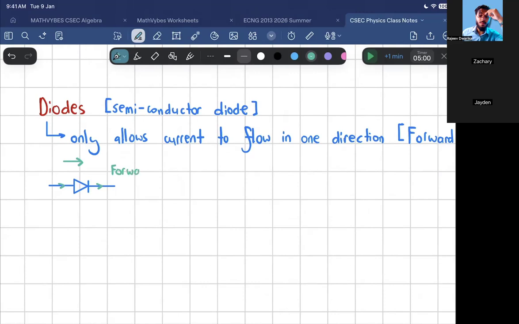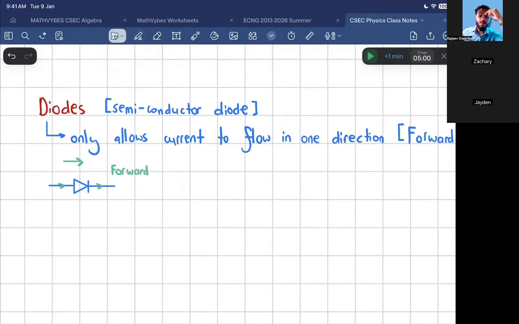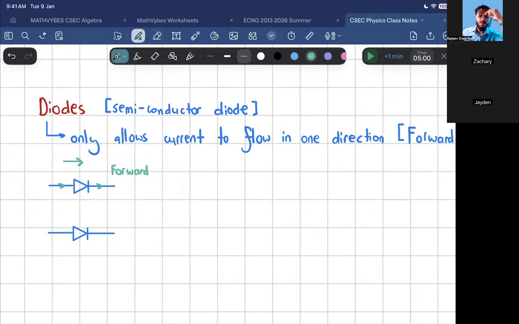So if the current is flowing in this direction, the diode is going to conduct and allow the flow of current. But if you reverse the polarity and the current is going in the other direction, it's going to be blocked.